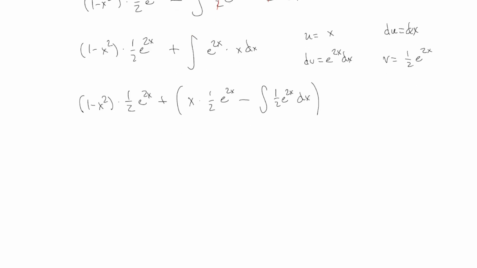Now we have to do that inner integral, pull the 1/2 out, and then the integral of e to the 2x will again be 1/2 e to the 2x. So after doing all of that, I end up with the first term, plus another 1/2 x e to the 2x, and then finally minus 1/4 e to the 2x.